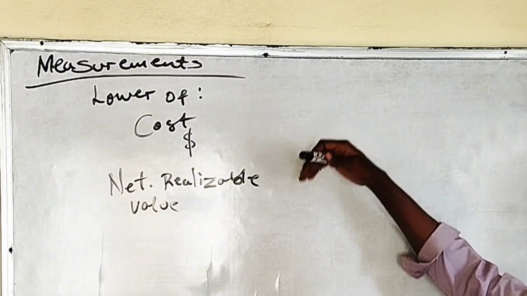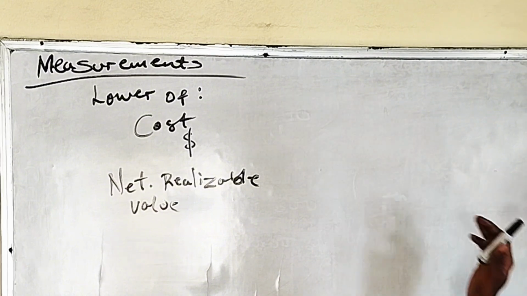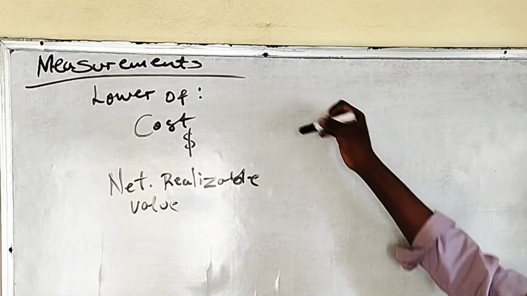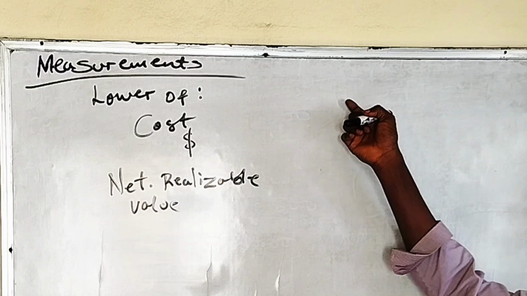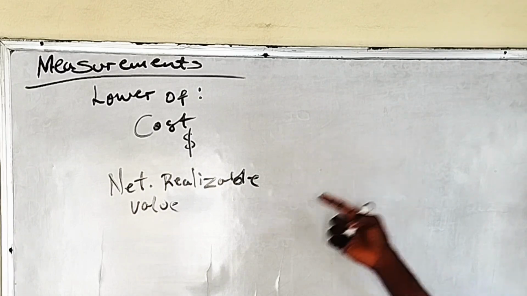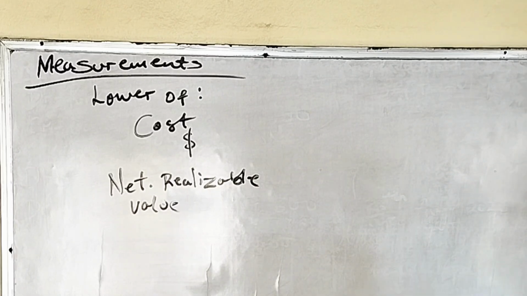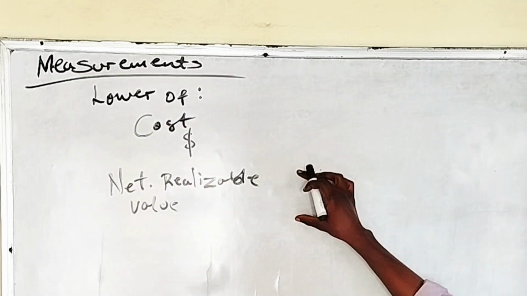So whichever is lower is what we will recognize inventory as. If cost is lower than net realizable value, we will recognize inventory as cost. If net realizable value is lower than cost, we will recognize inventory as net realizable value.